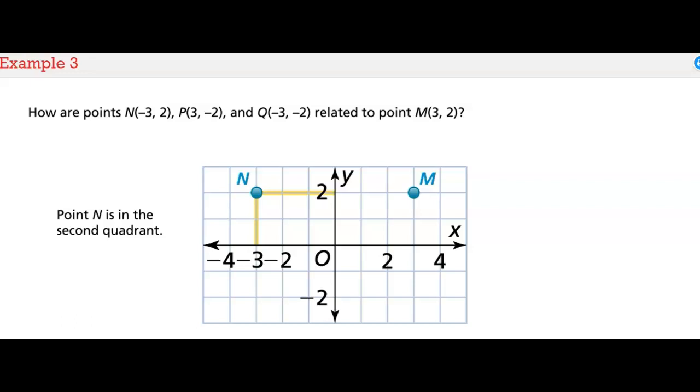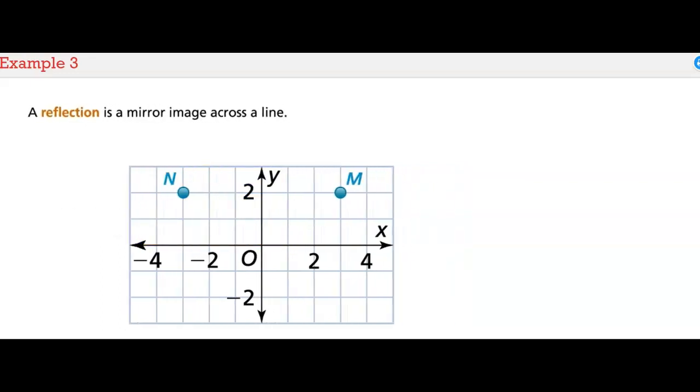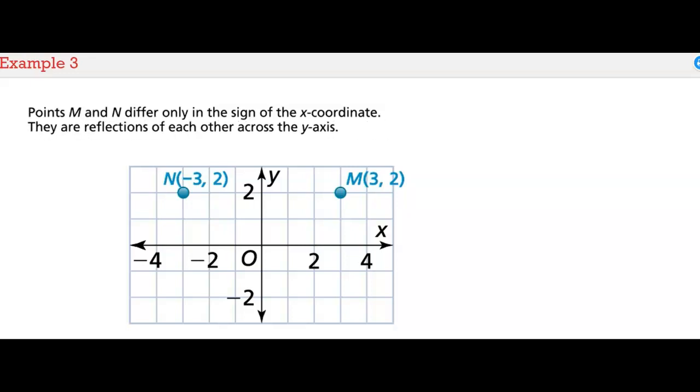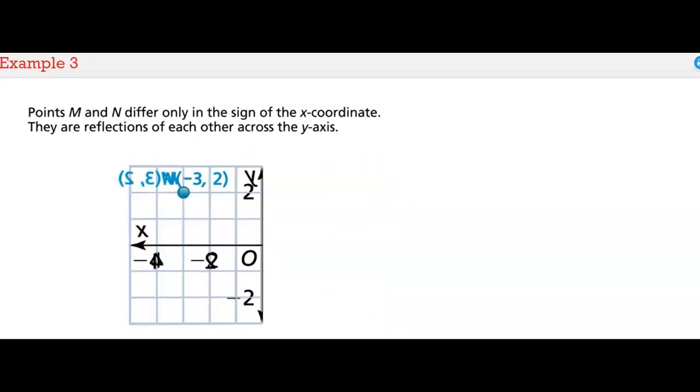It is located in the second quadrant. A reflection is a mirror image across a line. Points M and N differ only in the sign of the x-coordinate. They are reflections of each other across the y-axis.